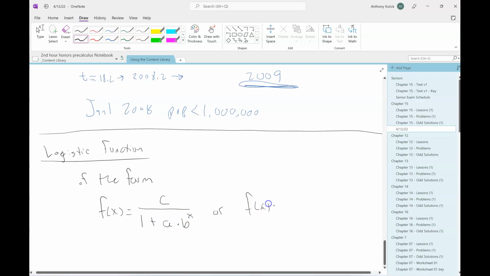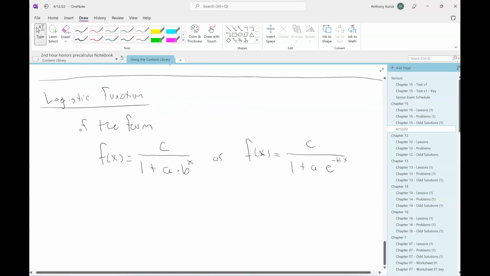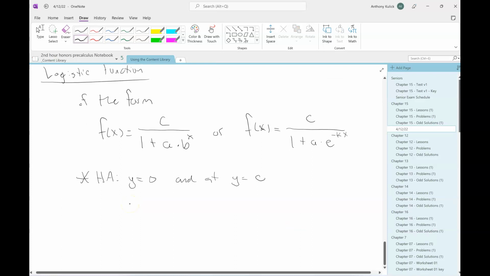Or if you wanted to do this in terms of e's, it would be c over 1 plus a times e to the negative kx. One nice part about these logistic functions is we have two horizontal asymptotes, at y equals 0 and at y equals c.